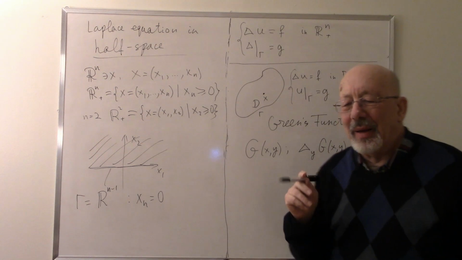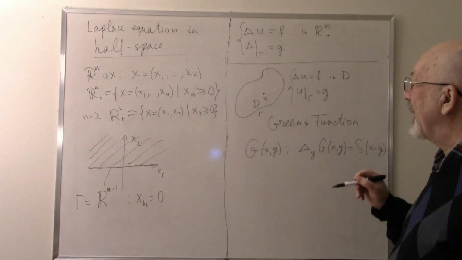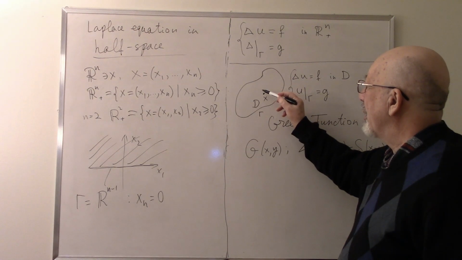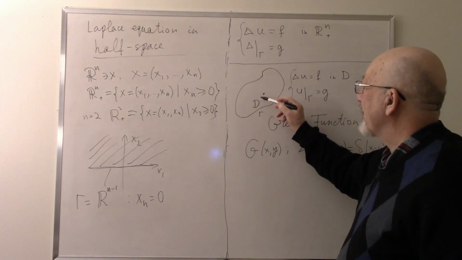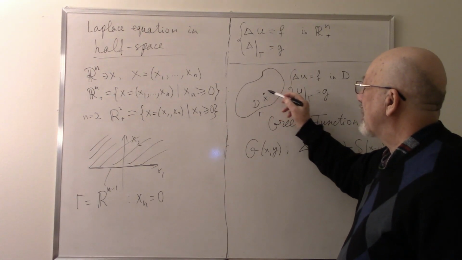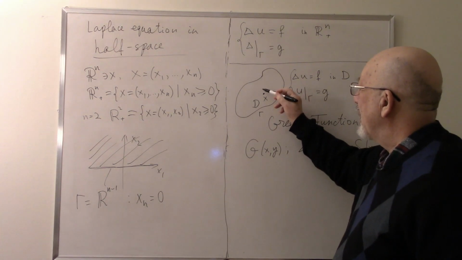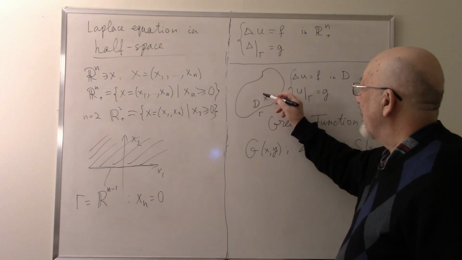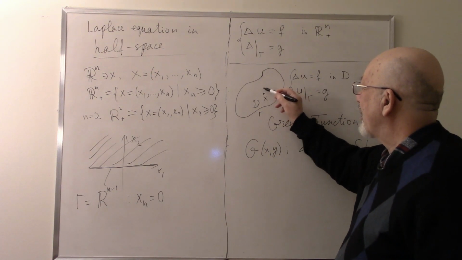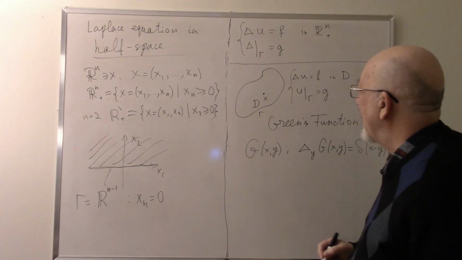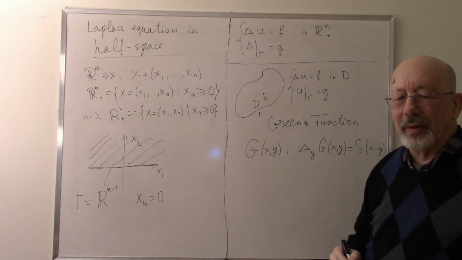Or equivalently, if you consider the gradient of this function, then the flux through any sphere around point x will be equal to 1.